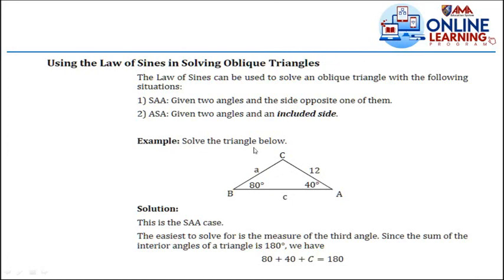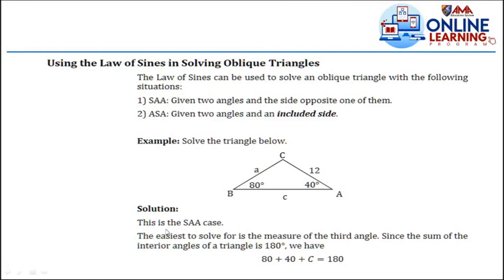Solve the triangle below. We have your three angles A, B, and C. For this oblique triangle, there are three givens: angle A is equal to 40 degrees, angle B is equal to 80 degrees, and side b is equal to 12. We're going to look for side a, side c, and angle C, the remaining parts of the oblique triangle.